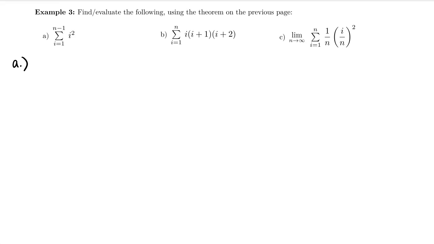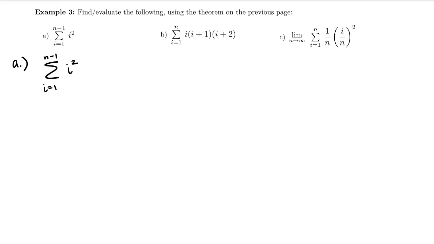So in part A, we want to come up with a final value for the summation from 1 to n minus 1 of I squared. Now, this looks really familiar to part 2 of the theorem we saw on the previous page.